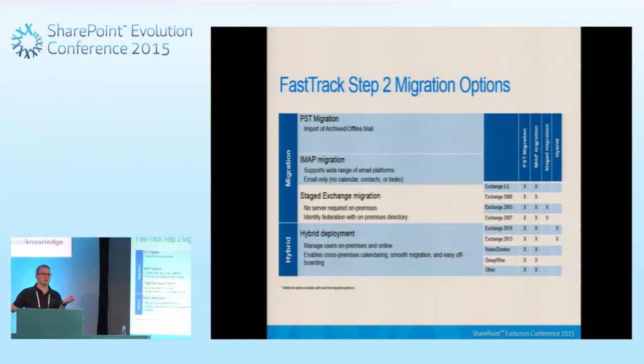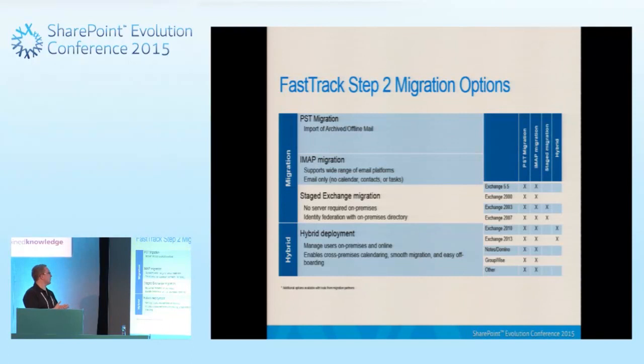You're moving your Exchange environment from your on-prem to the cloud because you get 50 gigabytes of mailbox, which is really, really much. And you don't need to have people upgrading and rolling out service packs and everything on your on-prem environment.